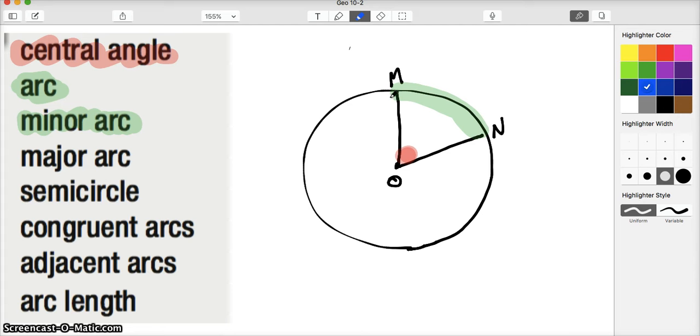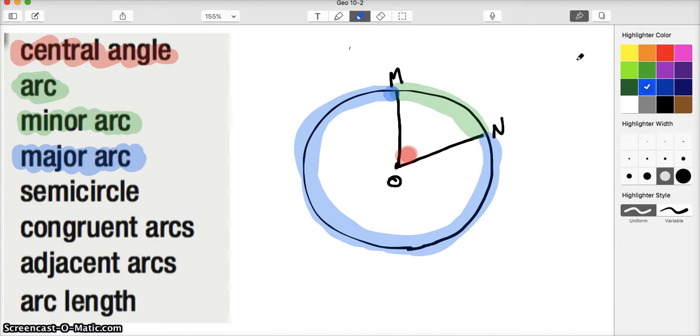And this arc right here is a major arc. It's a major arc, and that major arc is larger than a semicircle.